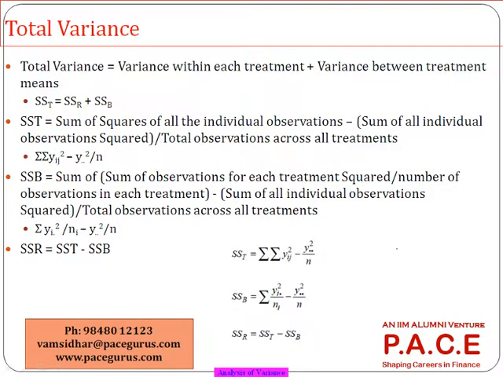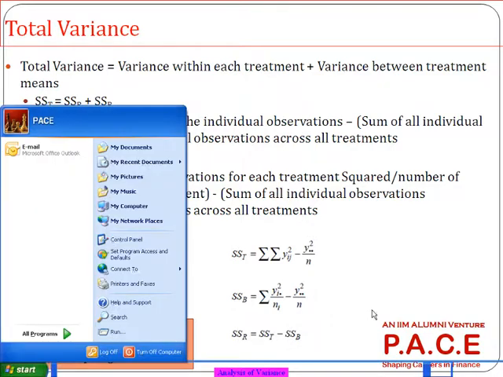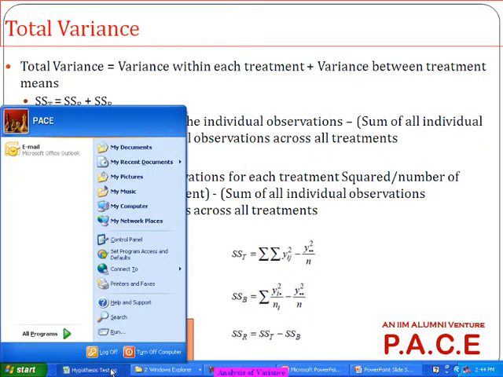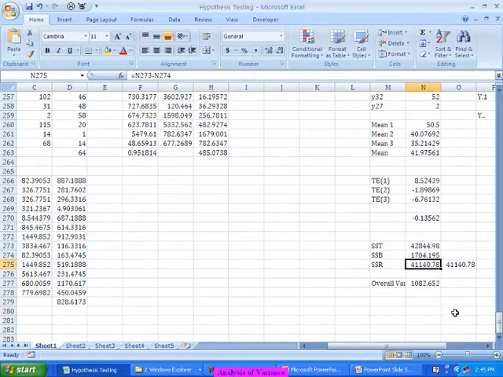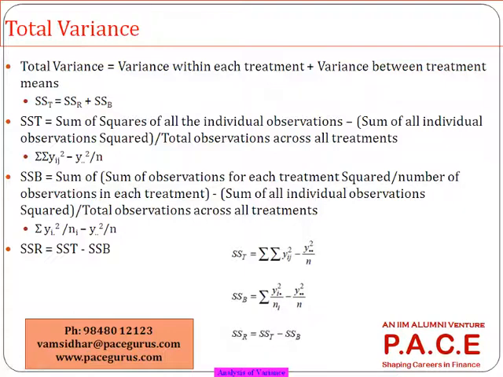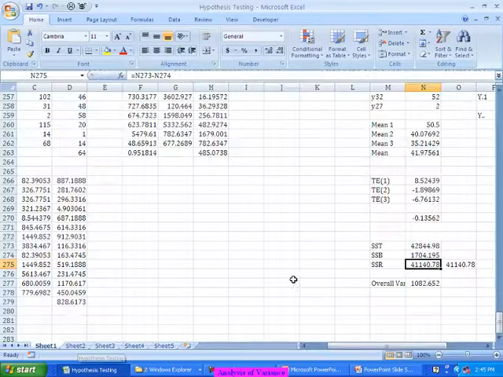So just to summarize what we have done, the total variance from our data can be computed as the variance within each treatment, which was sizably high in our case, working out to around 41,140, whereas the variance between the treatment means comes out to around 1,740.